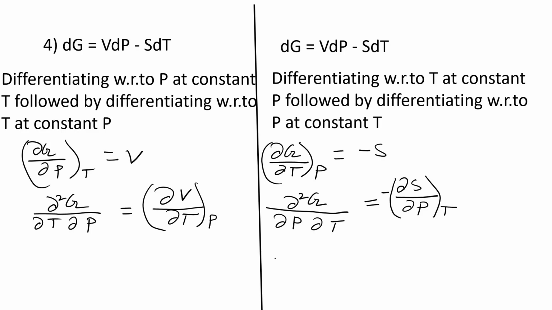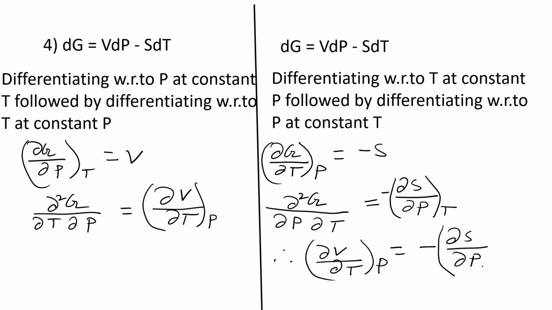Therefore, what we can write? Therefore, we can write here that ∂V/∂T at constant pressure is equal to minus ∂S/∂P at constant temperature. That means change of volume with respect to temperature at constant pressure is equal to minus of change of entropy with respect to pressure at constant temperature.